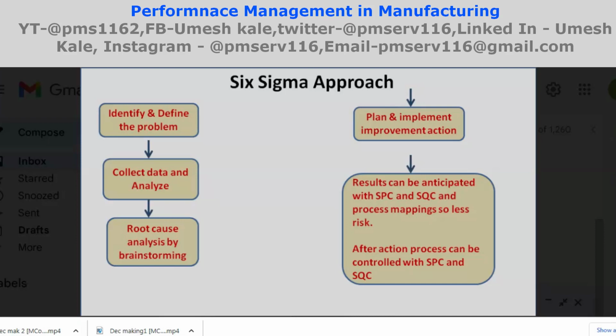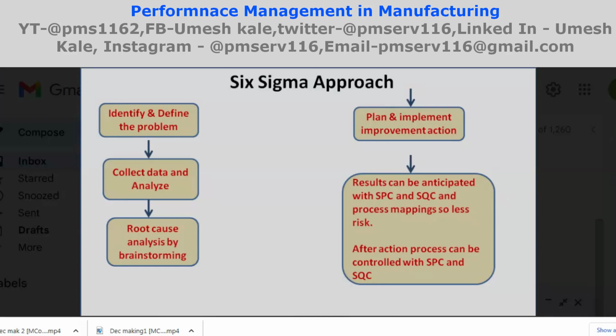Once the action is taken, it is anticipated with the help of SPC, process mapping and risk analysis, how much cost is involved if you solve the problem in this way and by this method.